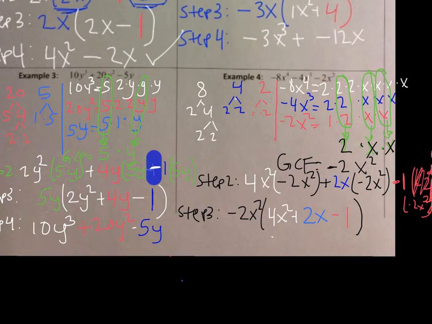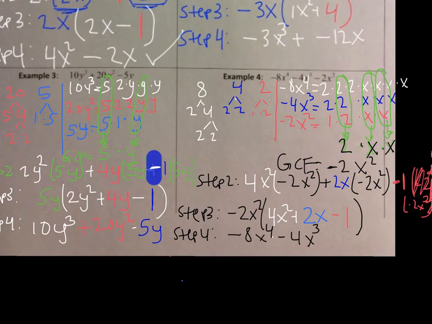And if we were to check and see if our answer is correct, step 4, you're going to distribute the negative 2x squared into all 3 terms. So negative 2x squared times 4x squared is a negative 8x to the 4th power. If you distribute negative 2x squared times 2x, that will give us a negative 4x cubed.